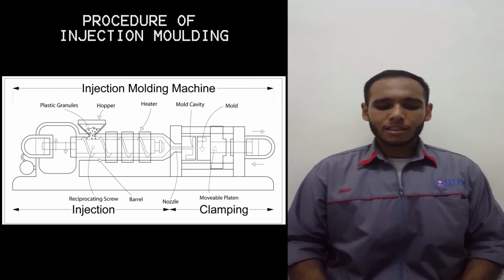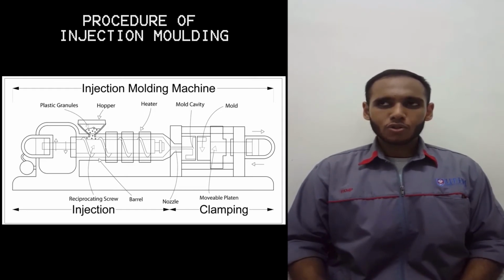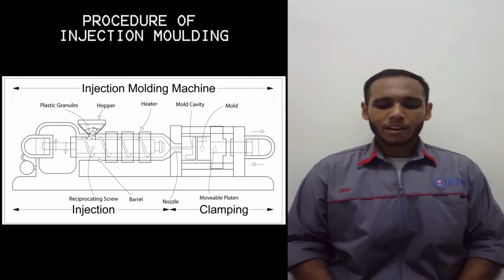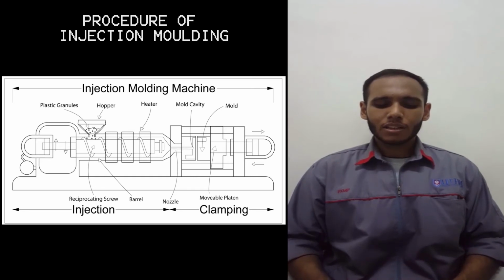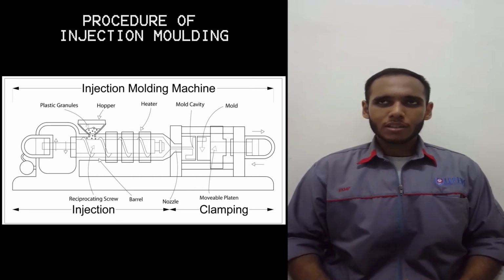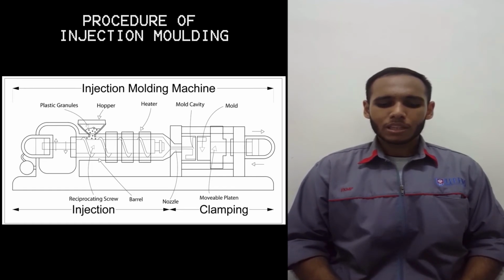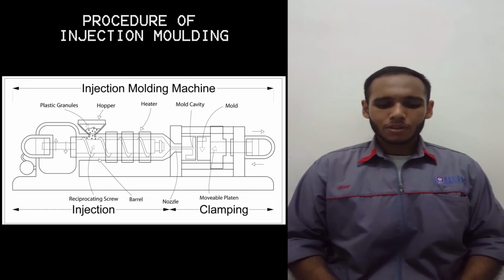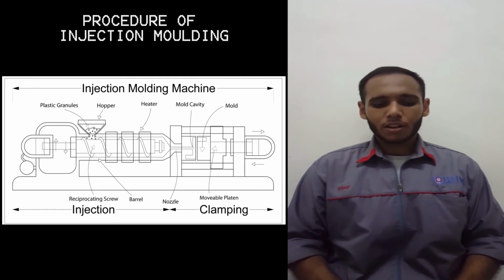It goes through the heater, which causes the material to melt, and the molten plastic is then injected into the mold through the screw, which builds up the pressure, packs and holds the material. The amount of material injected is referred to as the shot.